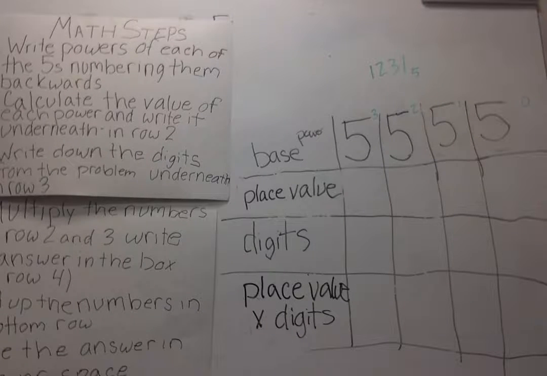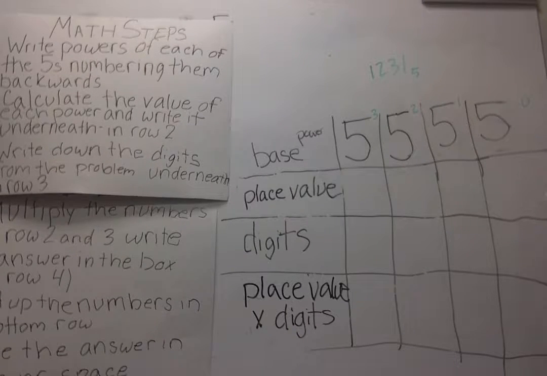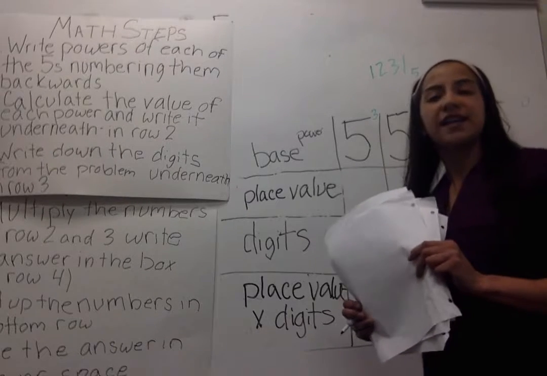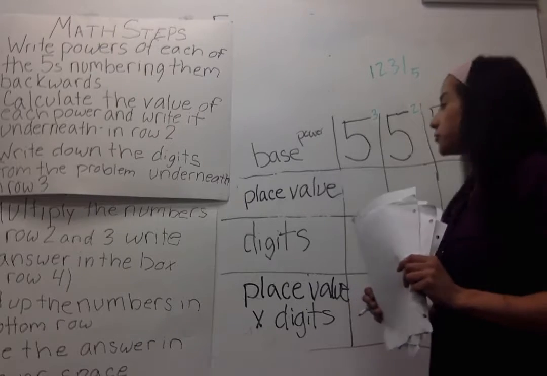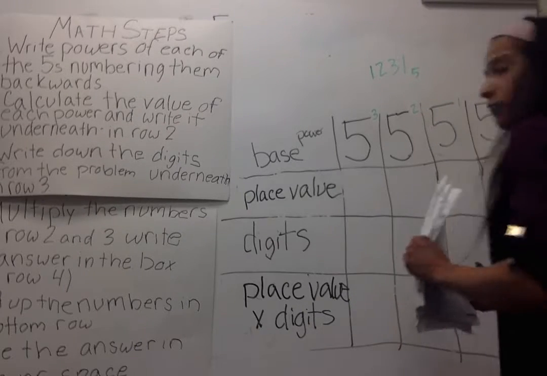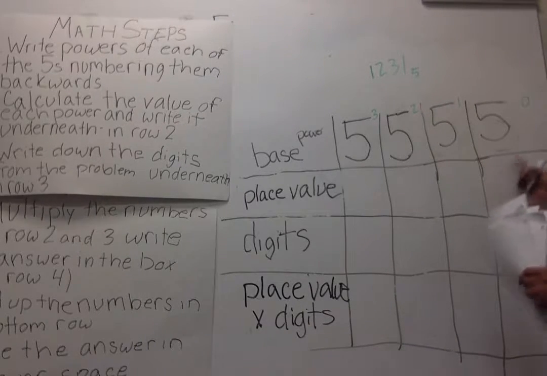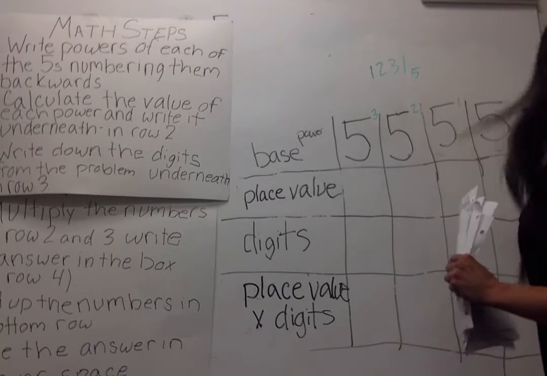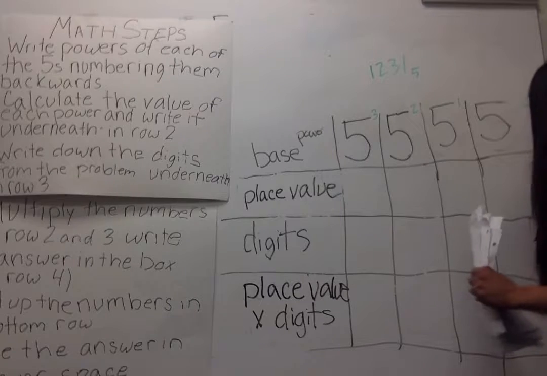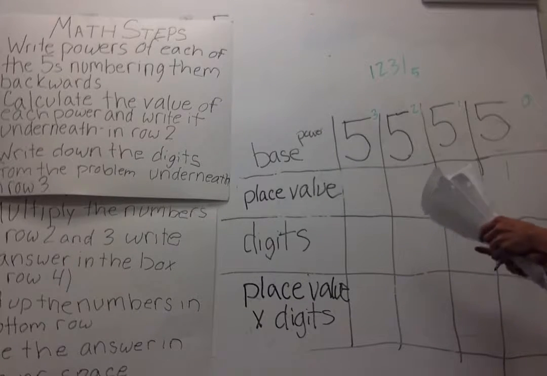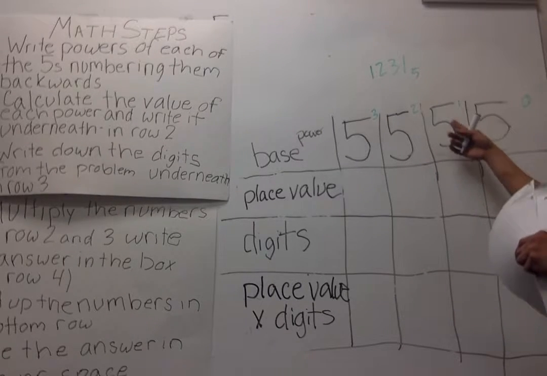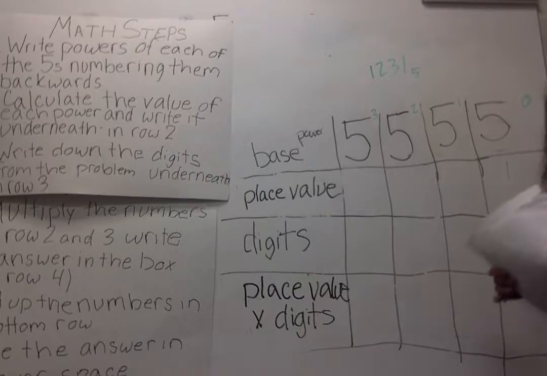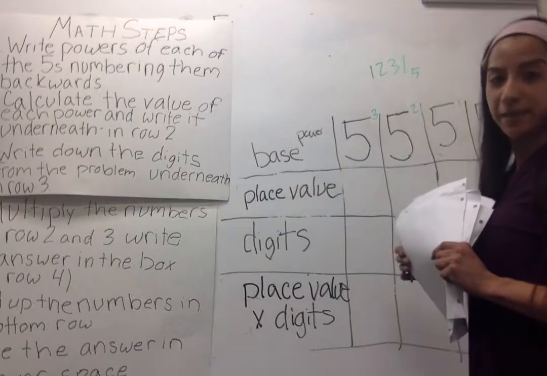Okay, so the second step would be calculate the value of each power and write it underneath in row 2. So right here, you have 5 to the 0 power. Any number to the power of 0 would be 1. Here we have 5 to the first power. Any number to the power of 1 would be the same number.